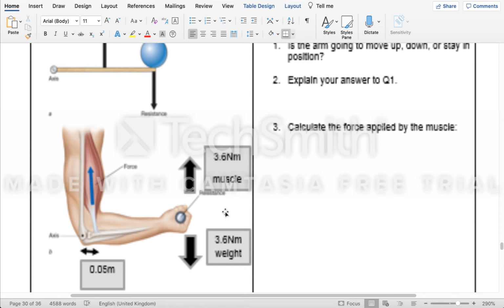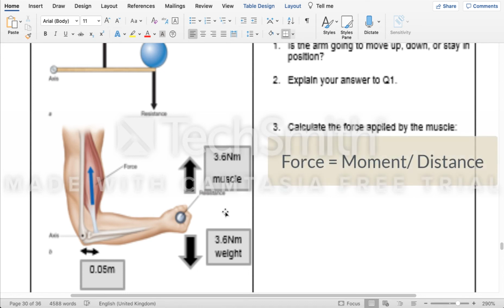If you want to figure out the force, then your equation will turn out to be force equals moment divided by distance.